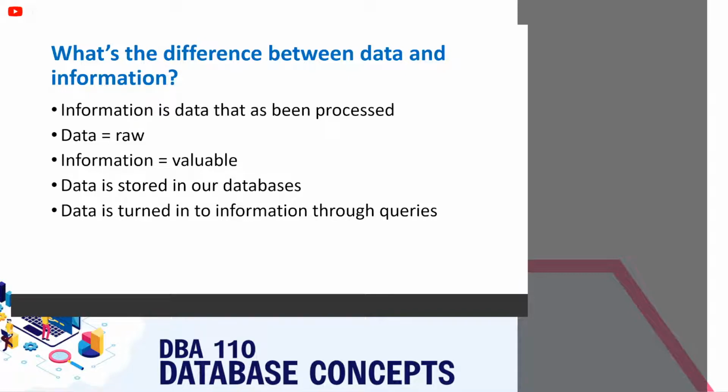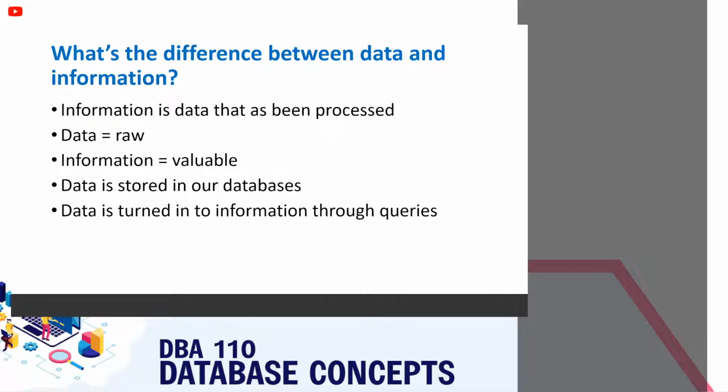So in our databases, we have data stored, right? And we've said previously that the thing about data in a database is that it's just sitting there. And since it's just sitting there, it doesn't really have any inherent value. It's just ones and zeros sitting on a hard drive waiting for us to do something with it.